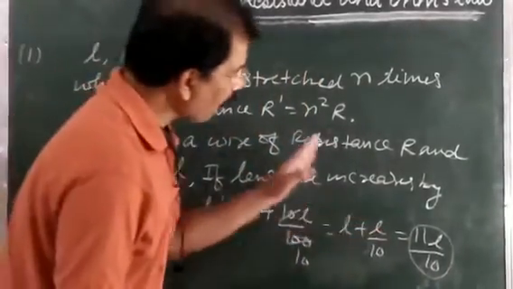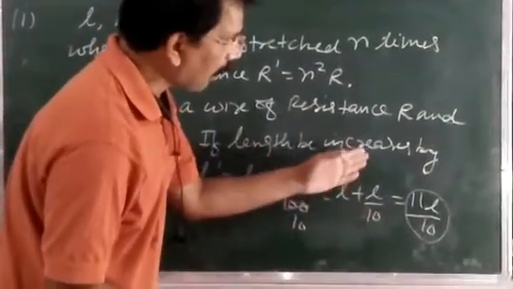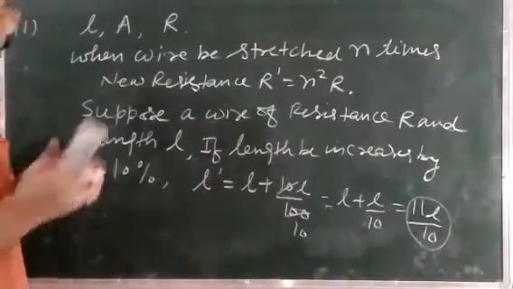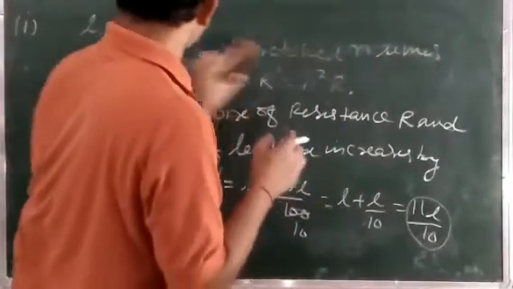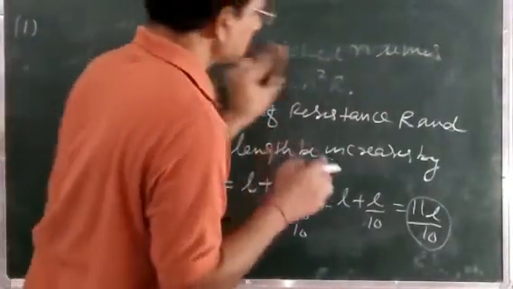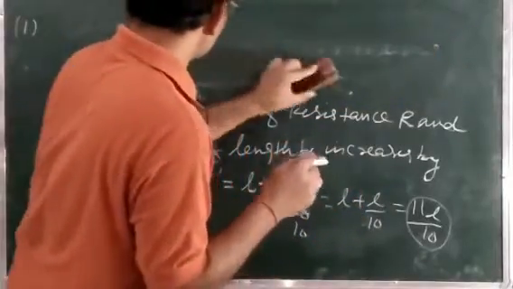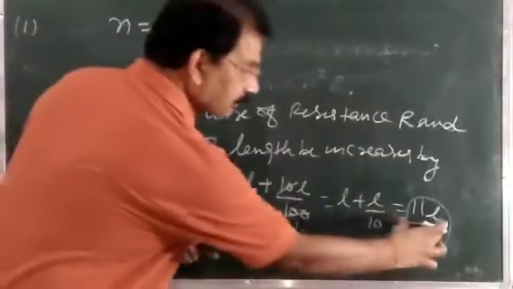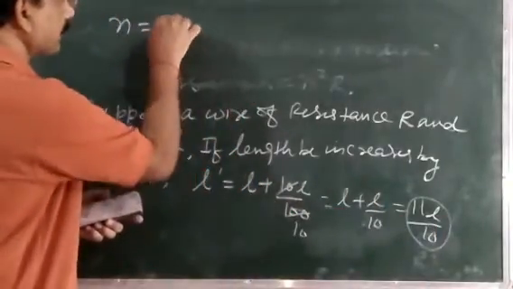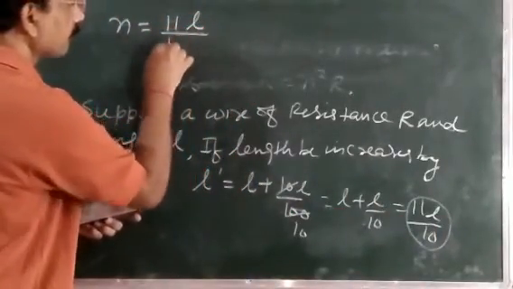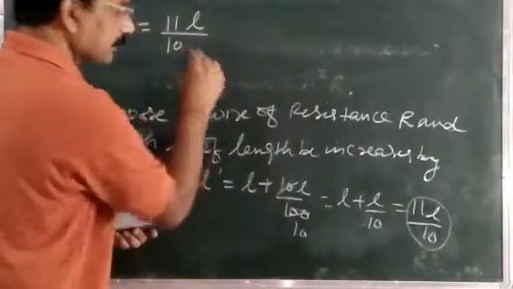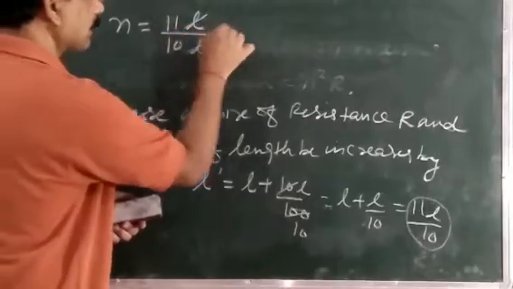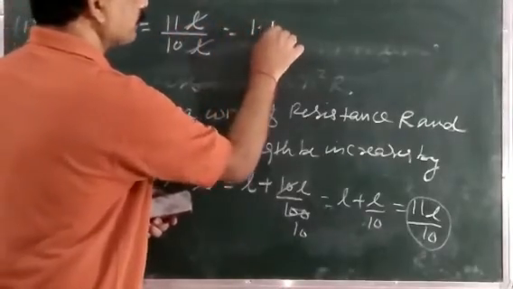Then how many times has the length increased after stretching? So how will you get the value of n? n is equal to the length after stretching, 11L by 10, upon the initial length L. L is cancelled by L, and you will get 1.1.